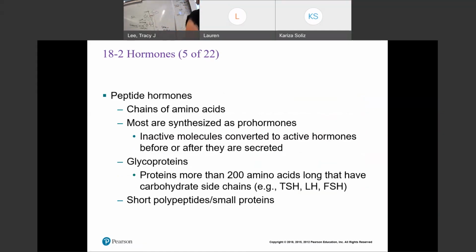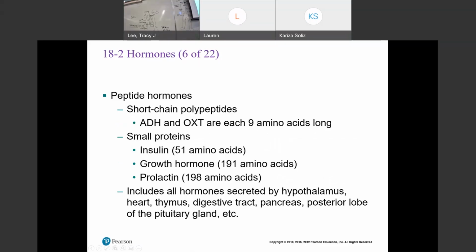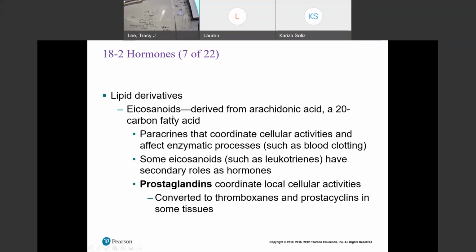So we're still on the same type of hormone. These are things like your TSH, luteinizing hormone, follicle stimulating hormone. These are some good examples of your peptide hormones. ADH, oxytocin, insulin, growth hormone, prolactin. So there's a lot of amino acid based ones.